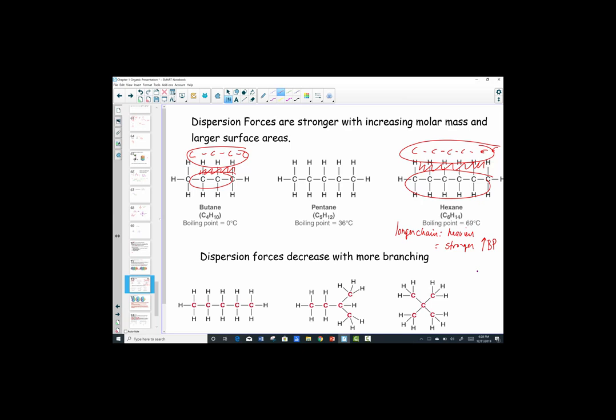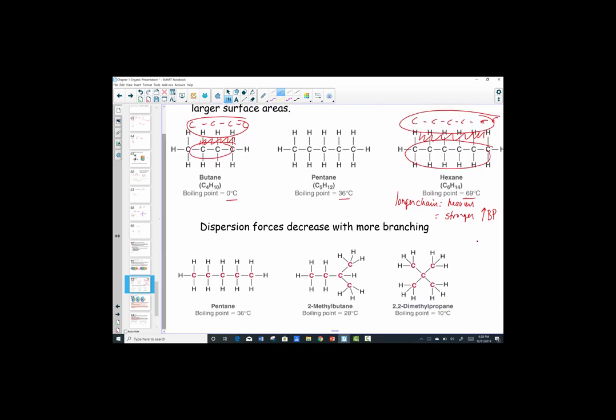Boiling points are affected by dispersion forces, meaning the heavier the molecule, the longer the molecule, the more energy it's going to take to force that liquid to turn to gas. So you can see increasing the molar mass, increasing the surface area, has increased the boiling point.